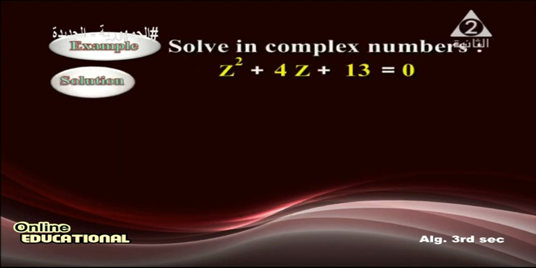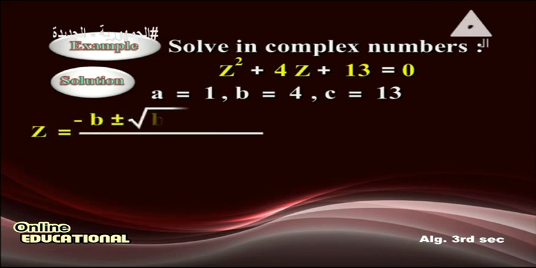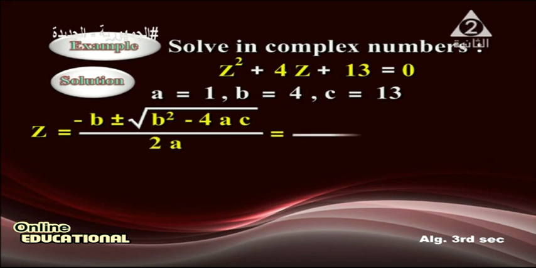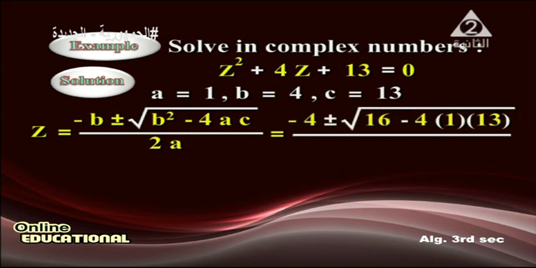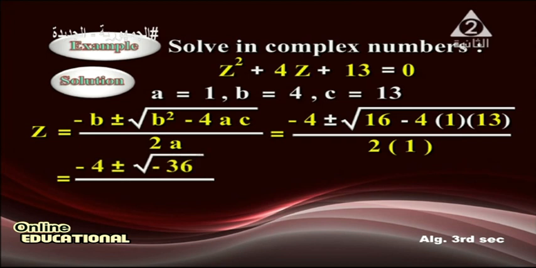Another example: z squared plus 4z plus 13 equals 0. What is the value of z? We know by using the general formula, a equals 1, b equals 4, c equals 13. Negative b, positive or negative square root of b squared minus 4ac, over 2a. By substituting a, b and c, the value of z is negative 4 positive or negative square root of negative 36 over 2.